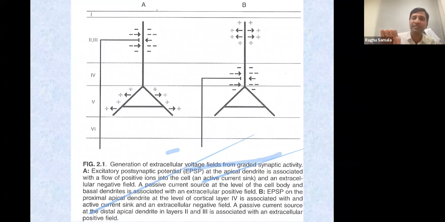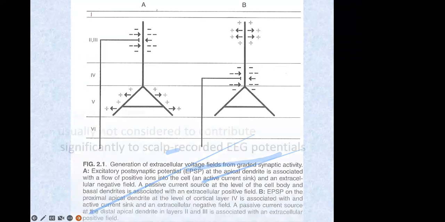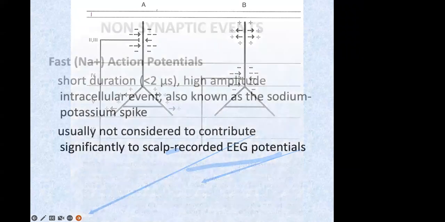Near to the surface in B, you have a positivity. So whether the excitation is at the top level or the deep level will determine what kind of waveforms you are going to record on the surface.